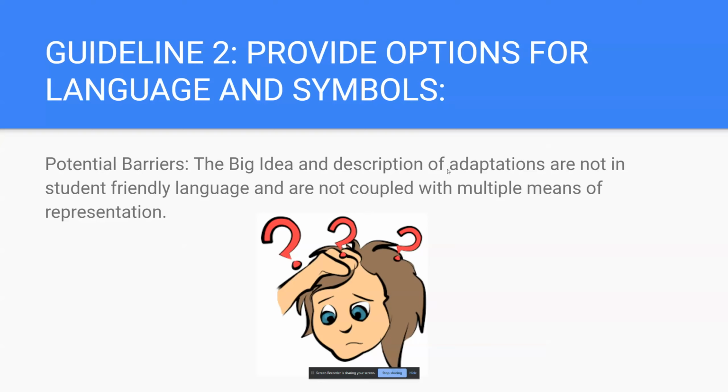I felt it was quite wordy, and there was really no breakdown of how the information was going to be presented to the students, and it didn't seem very concrete to me. I don't feel that students would have got a lot from the big idea, what are adaptations, and the background knowledge described in the lesson plan.